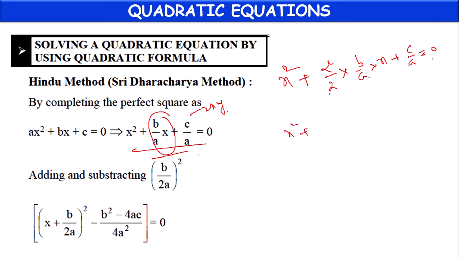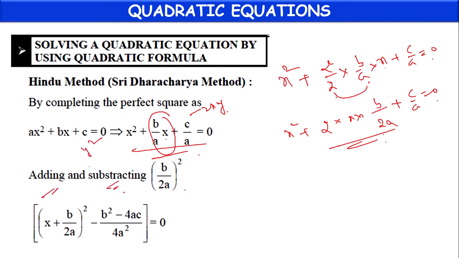So x square, 2 we will keep upside, after that x we will write, after that b by denominator 2 into a, 2a, plus c by a equal to 0. Now it is in the form of 2xy, where y equal to b by 2a. That y square is to be added and subtracted, then only we can write it as a perfect square. So b by 2a whole square is to be added and subtracted.